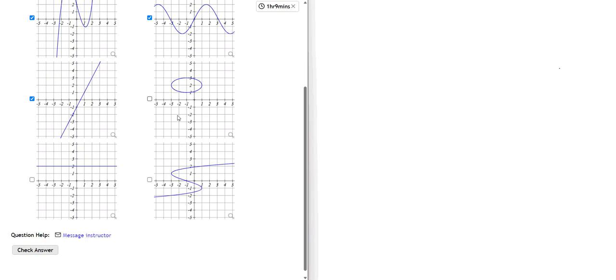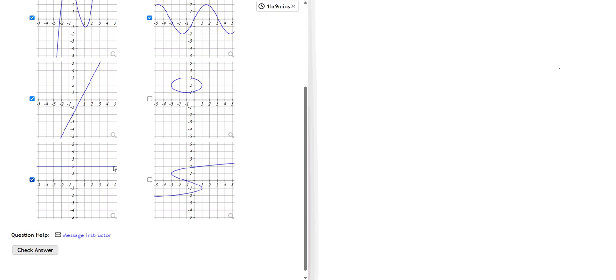Of course, this one here with the ellipse, you can see several vertical lines that would touch more than one point. For instance, the vertical line that goes through x equals -1 will touch at y equals 3 and at y equals 1. So we do have the x value of -1 mapping to more than one y value, and that one's not a function.